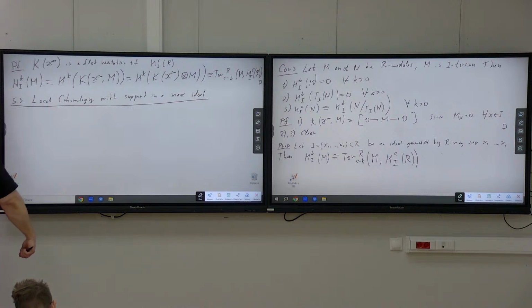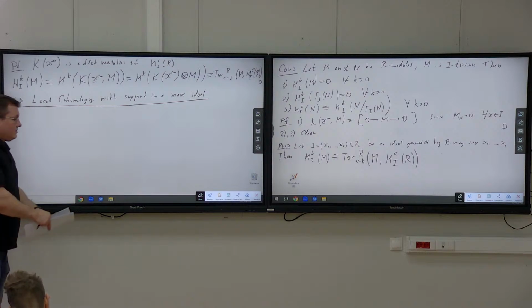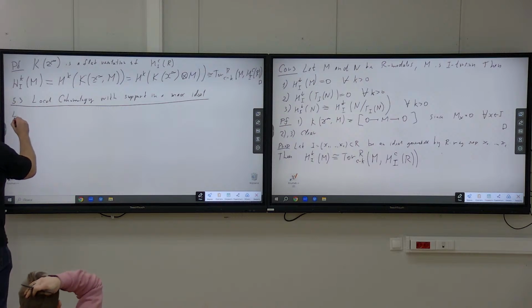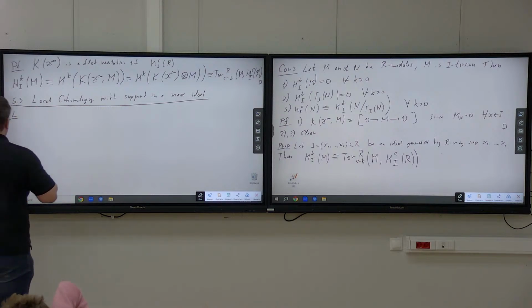So here in this chapter we're going to assume that the ring is a local Noetherian ring, and the ideal I that we consider is the maximal ideal of this ring. So let's prove the following lemma.